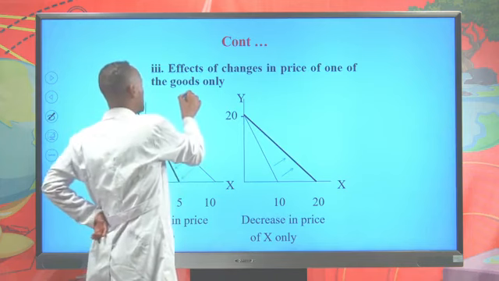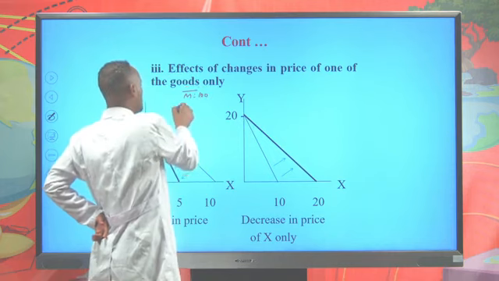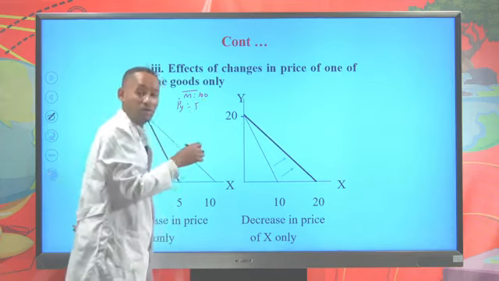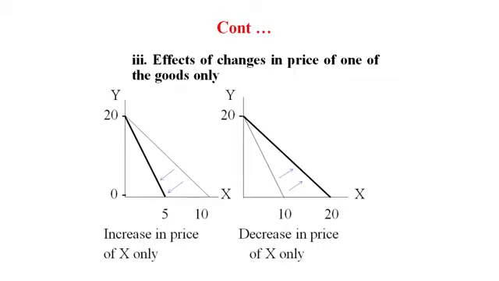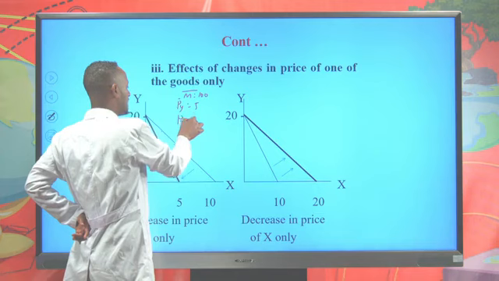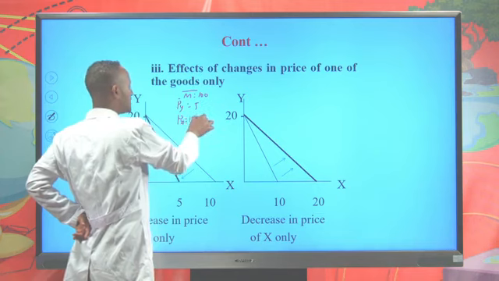That means the income of the consumer was 100 birr, and it remains unchanged, and the price of commodity Y was 5 birr, and it remains unchanged. The only factor that will change here is the price of commodity X. The price of commodity X was initially 10 birr, and now let's see when the price is doubled.